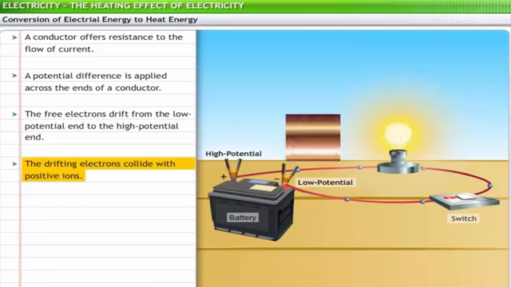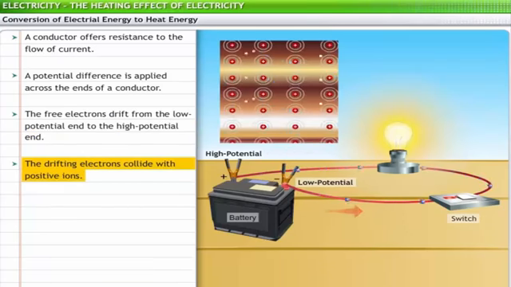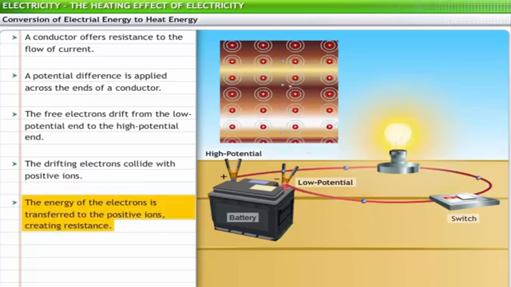These electrons collide with the positive ions, that is, the atoms that have lost their electrons. When the collisions take place, the energy of the electrons is transferred to the positive ions, making the ions vibrate more violently.